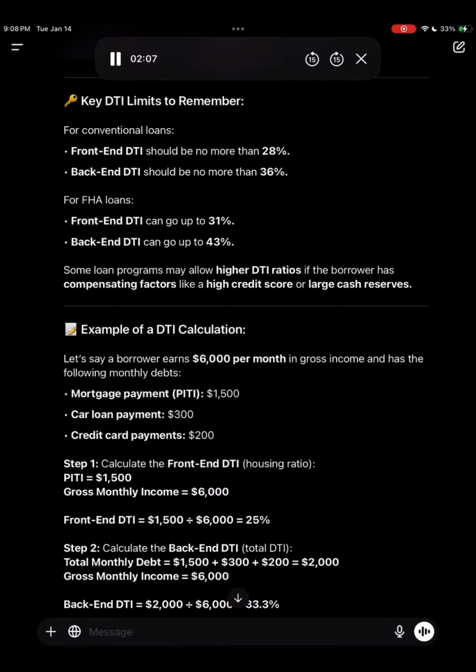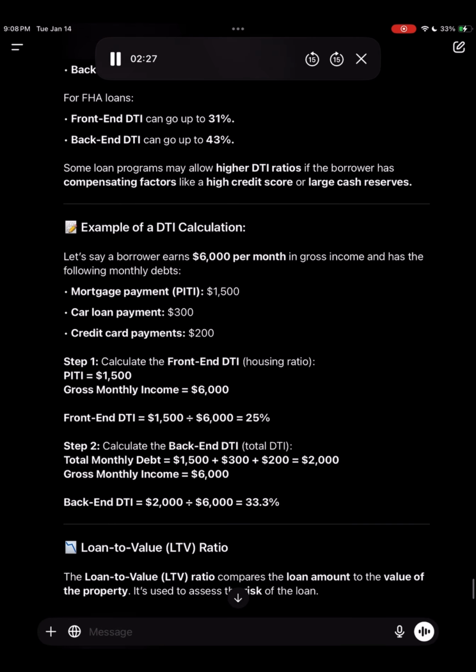Example of a DTI calculation. Let's say a borrower earns $6,000 per month and has the following monthly debts. Mortgage payment, $1,500. Car loan payment, $300. Credit card payments, $200. Step 1, calculate the front-end DTI, housing ratio. PITI equals $1,500, gross monthly income $6,000.